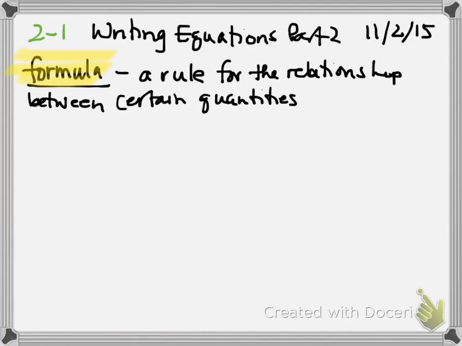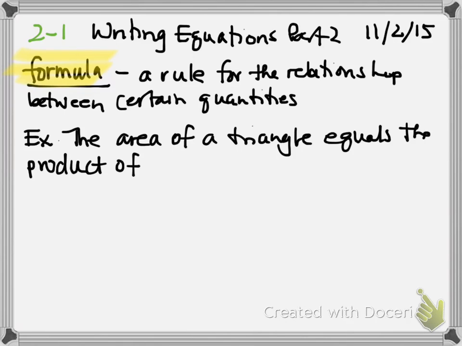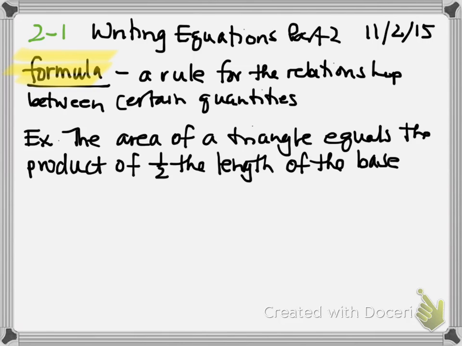So I'm going to give you a sentence in English, and your job is to translate it into math. We've got the area of a triangle equals the product of 1/2 the length of the base and the height.